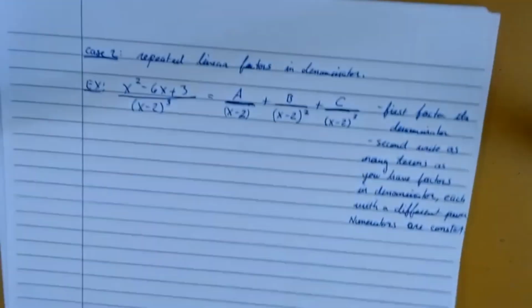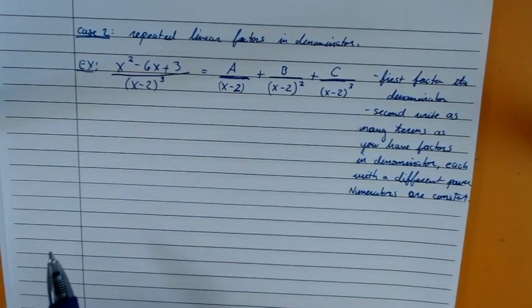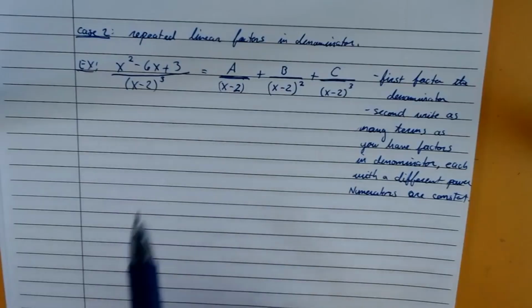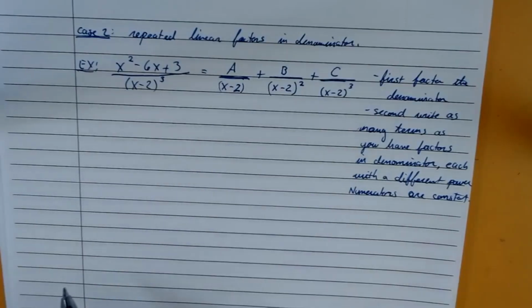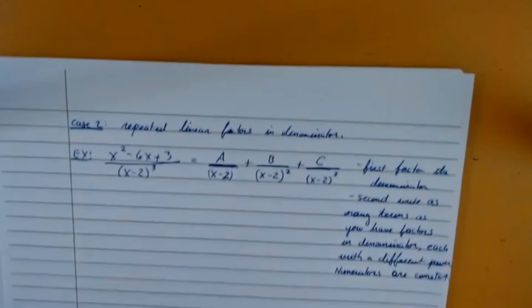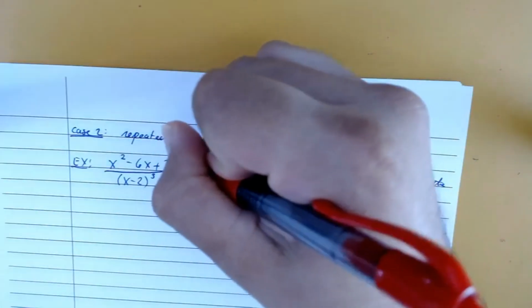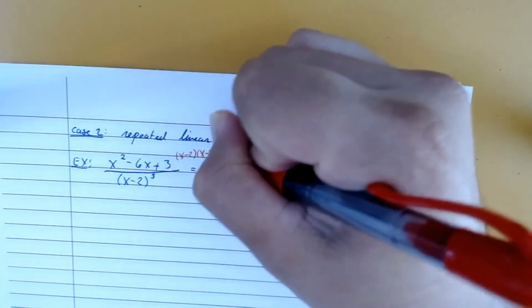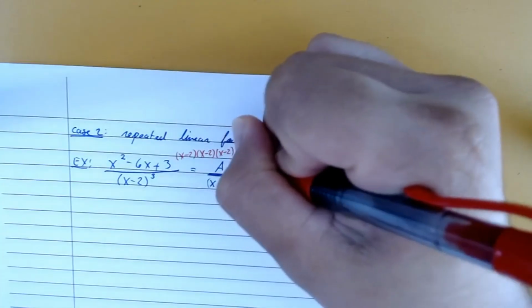All right. And so now the rest of it is going to look the same as we've had. We're going to multiply by the common denominator, and we're going to solve for a. So our next step here is we're going to multiply everything by a common denominator. That's x minus 2 times x minus 2 times x minus 2.